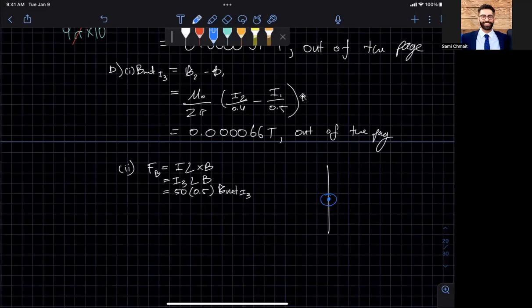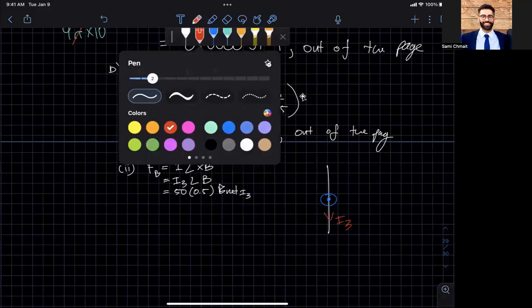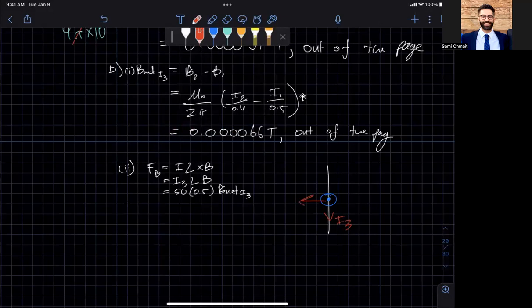So to solve for the direction here, you do right-hand rule number 1 with a twist, that being the direction of the current is the direction your pointer finger goes. So pointer finger is pointing straight down, your middle finger is pointing out of the page, and my thumb is pointing to the left. So that means this force is pointing this way. So FB comes out to be equal to 0.000165 newtons left.